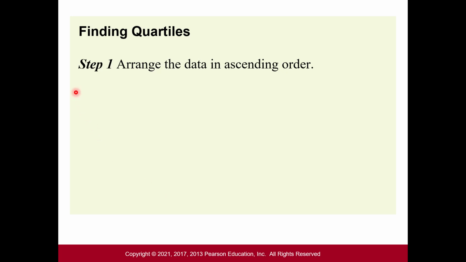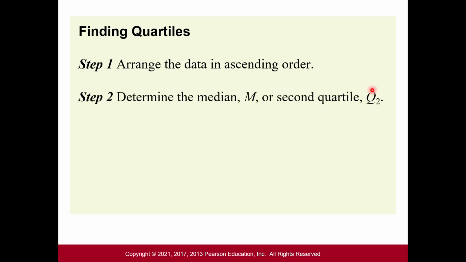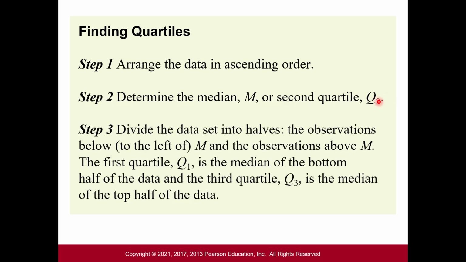So finding quartiles. The first step, we have to arrange the data in ascending order. Then we have to figure out the median, because that's actually going to be our Q2, our second quartile. From there, we divide the data set into 2 halves: the observations below, which would be to the left of the median, and the observations above the median.